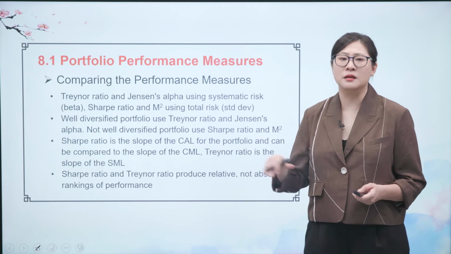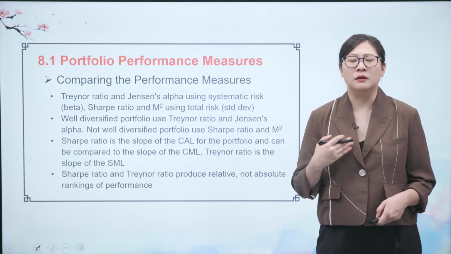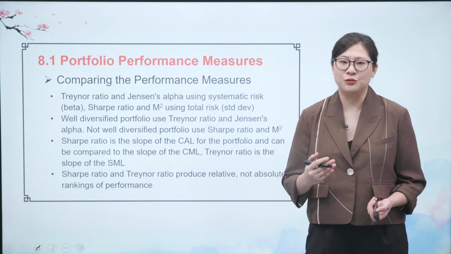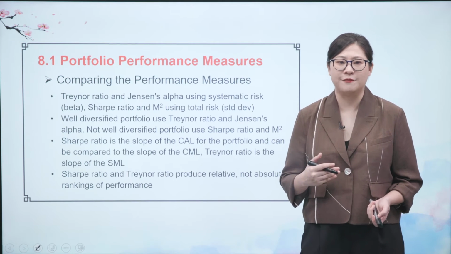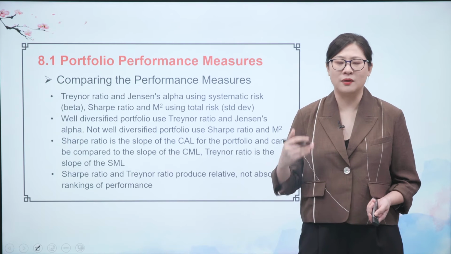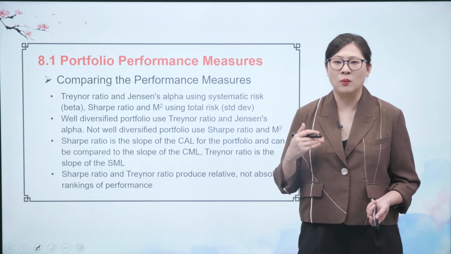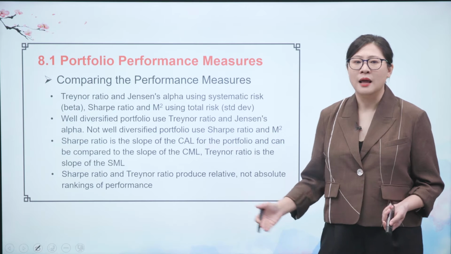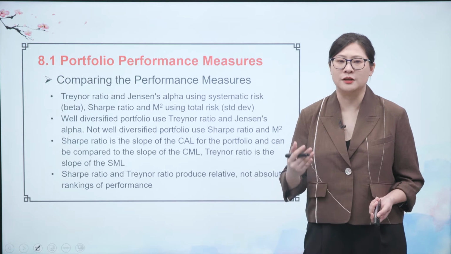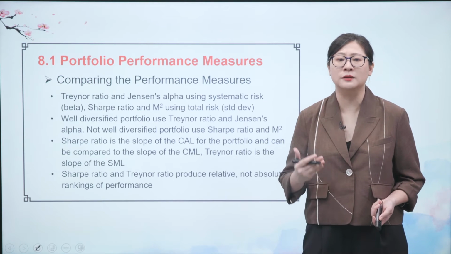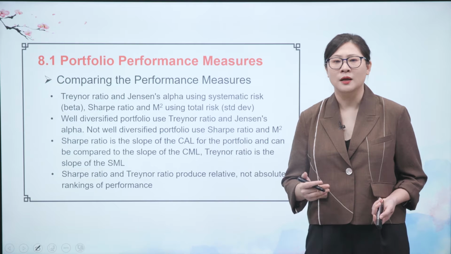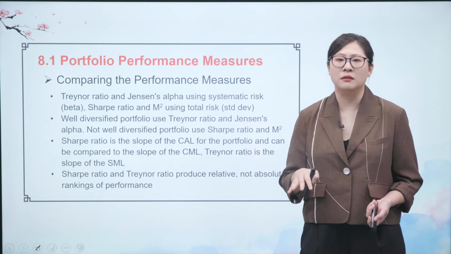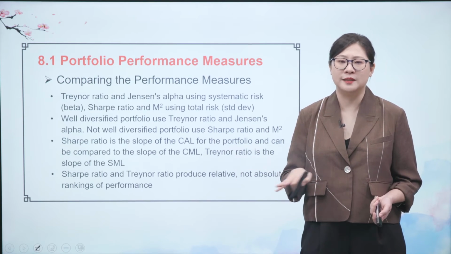The second conclusion is that if it is a well-diversified portfolio, you can use the Treynor ratio and Jensen's alpha. If it's not a well-diversified portfolio, we use the Sharpe ratio and M square. The third conclusion is that the Sharpe ratio is the slope of the CAL, the capital allocation line, based on Markowitz portfolio theory.